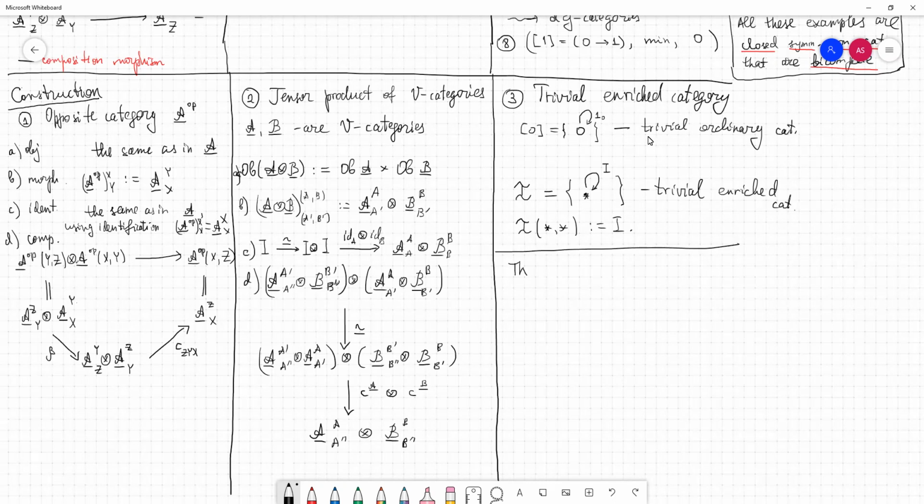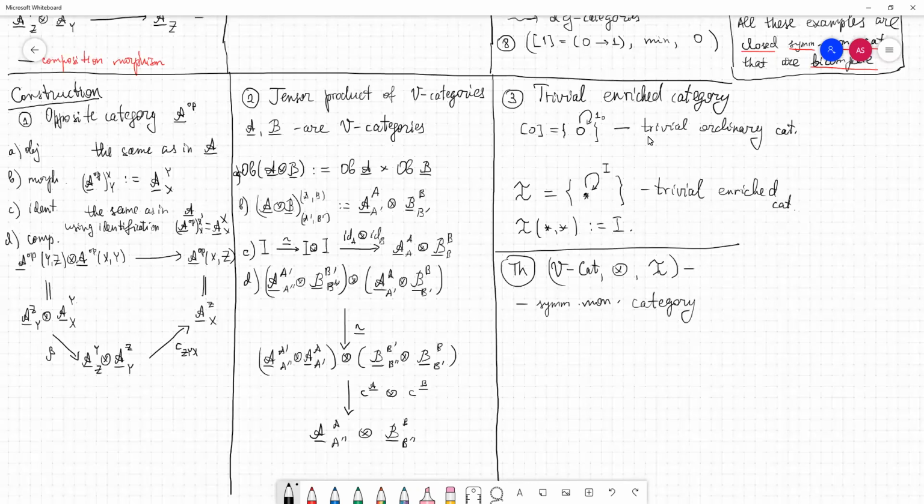And now the theorem. V cat, with the tensor product and the trivial category, is a symmetric monoidal category.